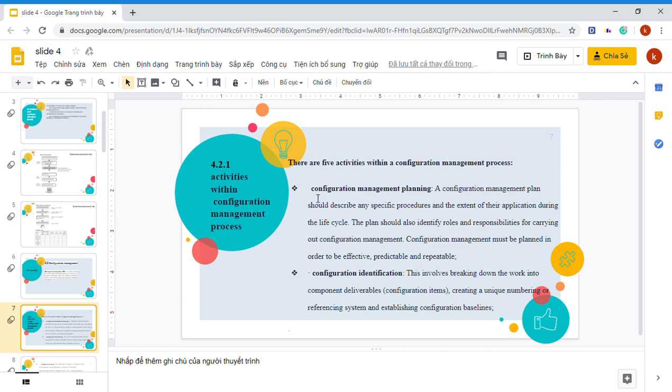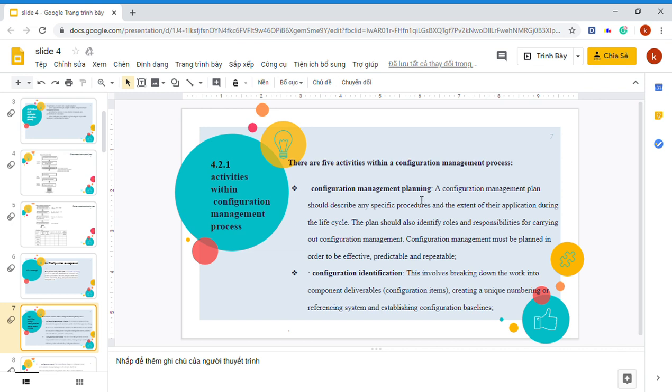Next, there are five activities within a configuration management process. Configuration management planning. A configuration management plan should describe any specific process and the exchange of their application during the life cycle.